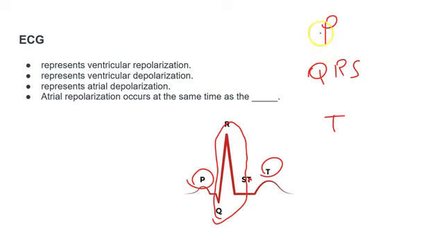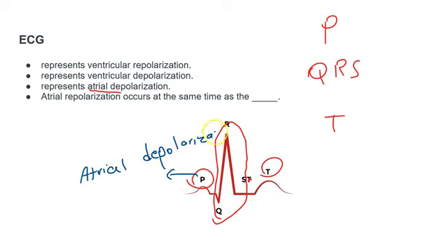When we are recording the P wave, what is happening in our heart is atrial depolarization. So it means the P wave actually represents the atrial depolarization.